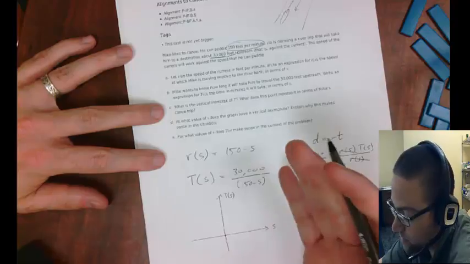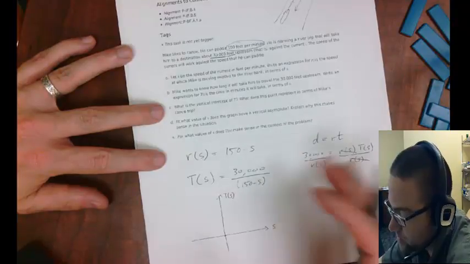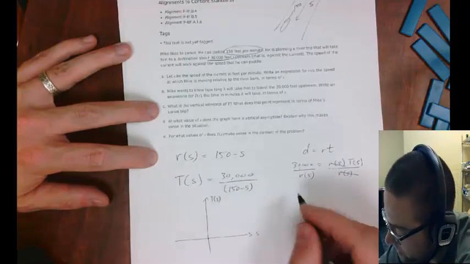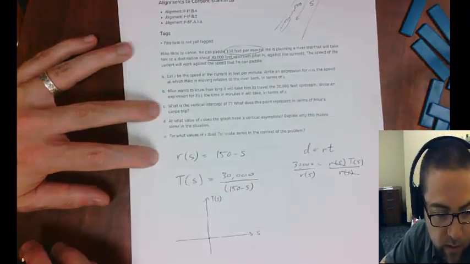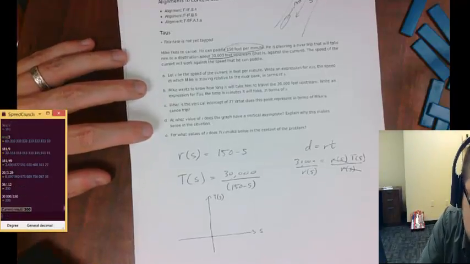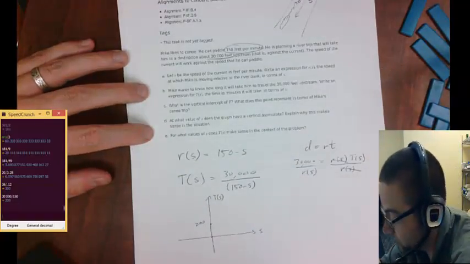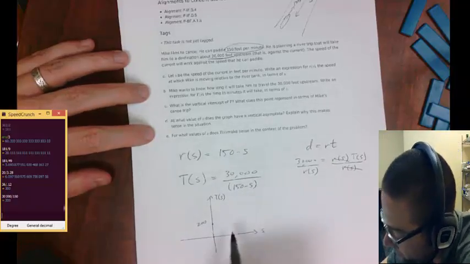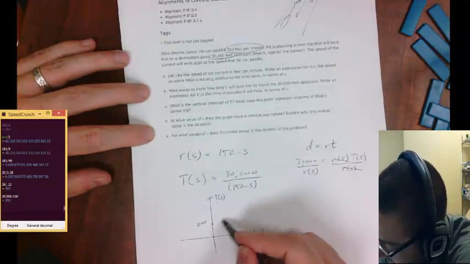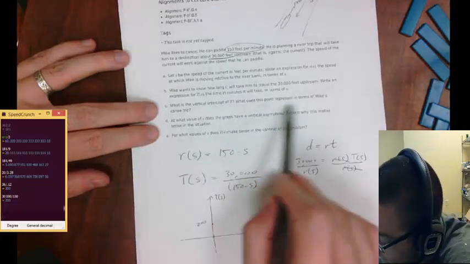S represents the speed of the current against him, so when S is 0, it's still water, and he can just travel at 150. I'll use my calculator for that to save time. So 200. That would be the vertical intercept at 200. And as the speed increases, it will take him more time, so I expect it would be increasing.